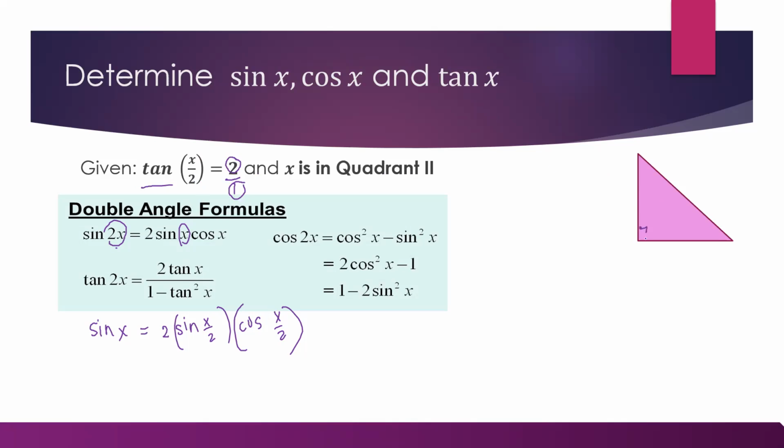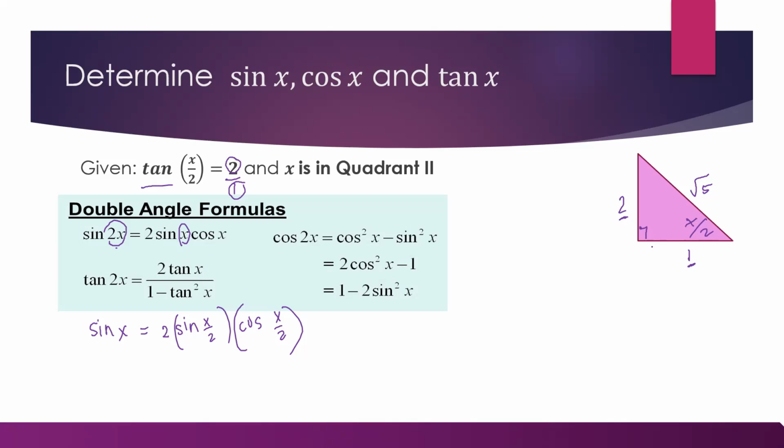So, kunwari ito ating theta which is x over 2. Ang opposite niya is 2, adjacent is 1. We now have to solve for the hypotenuse. Okay, so squaring this, it's 4. Ito ay 1. So 4 plus 1 is 5, which means this is square root of 5.